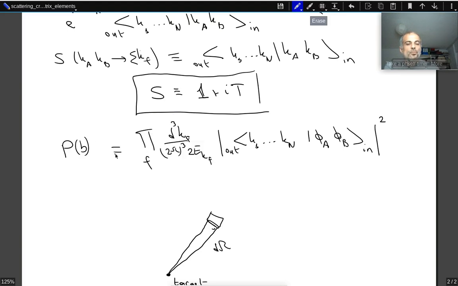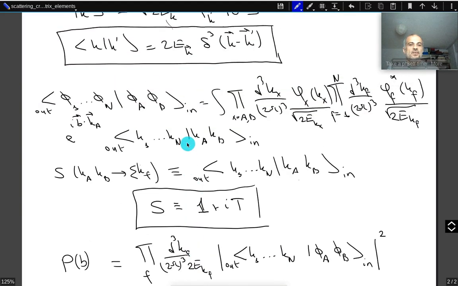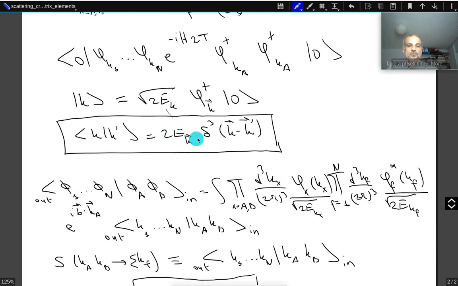So this is the probability that my initial particles, phi A and phi B, when they scatter, will scatter into a final state k1 kn with momentum k1 kn within a volume in momentum space given by d cubed kf. And this 2ekf is from here, because we are not normalizing it to a single Dirac delta.